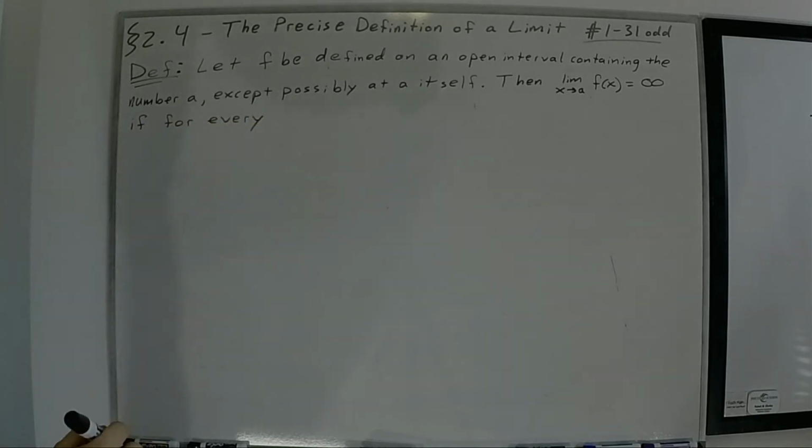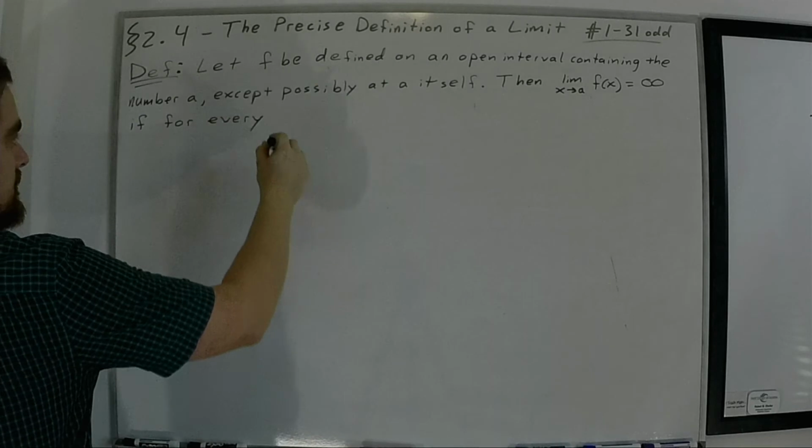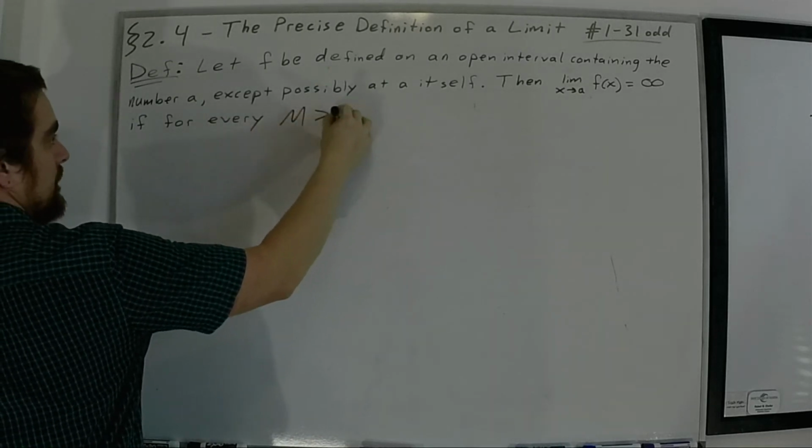for every, and this is where they'll change from epsilon because they want to represent very large quantities.